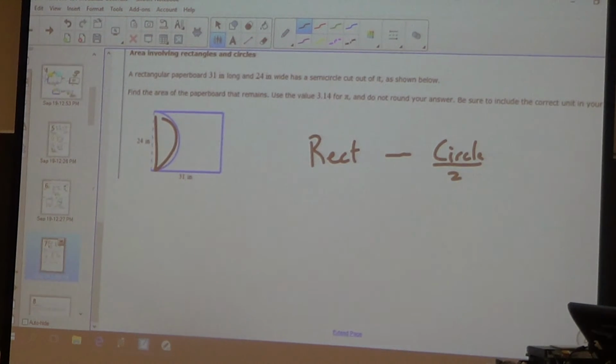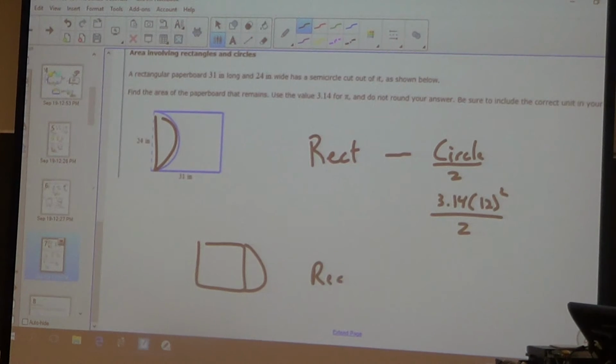See how we're only taking away half a circle? So we would do the 3.14 times 12 squared, but then we would cut that answer in half, because we're only taking away half an egg. Y'all with me? What would this one be? A rectangle minus a circle cut in half.